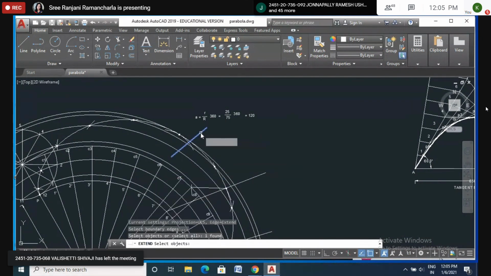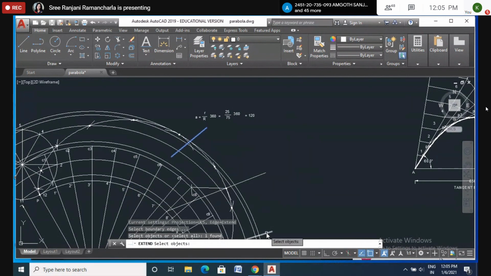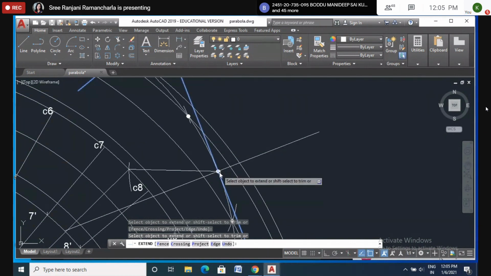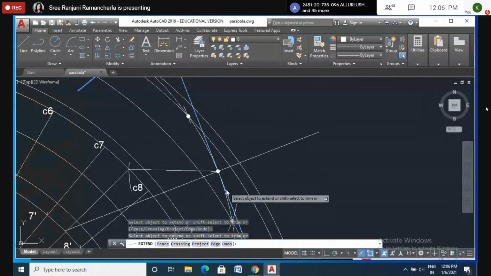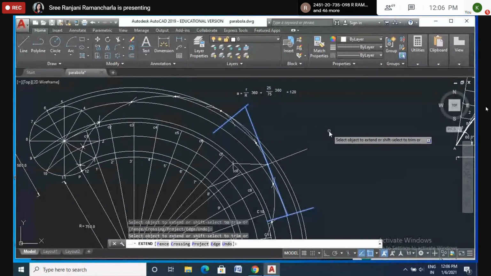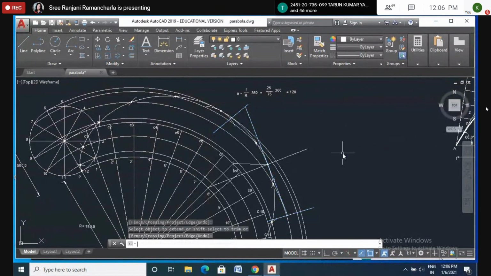So you have to select this one and this tangent. Okay. Enter. Now extend this one. Yes, extended. Okay. Shall we extend a little more? Because this side is not clear.